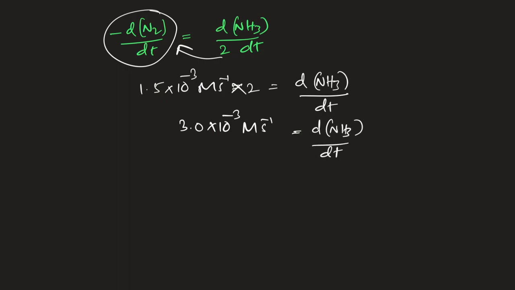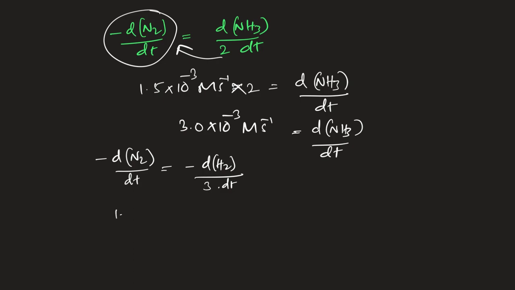This is the answer with respect to ammonia. In case they want to calculate hydrogen, then what is the answer? Minus dN2 concentration by dt is equal to minus dH2 concentration by 3 dt.